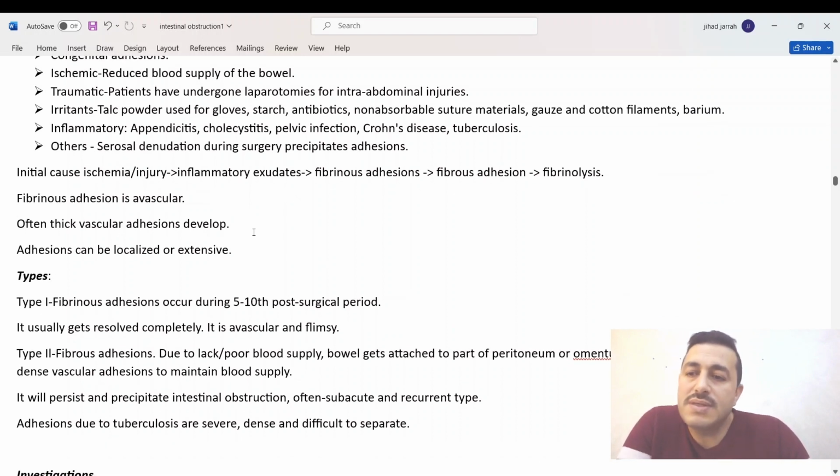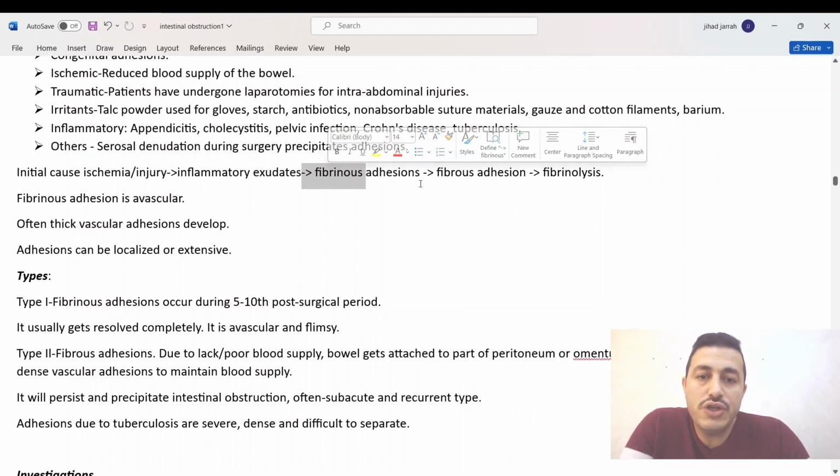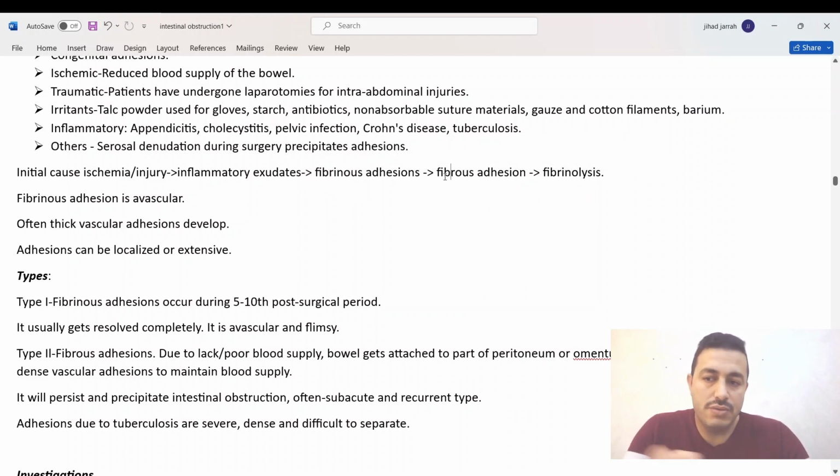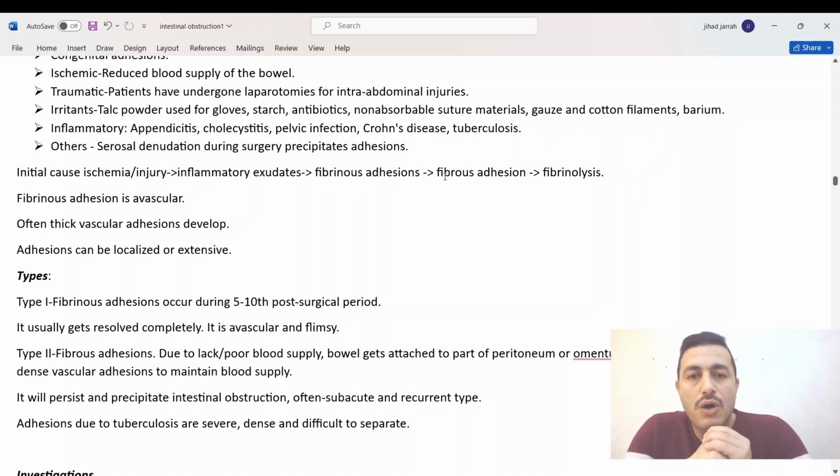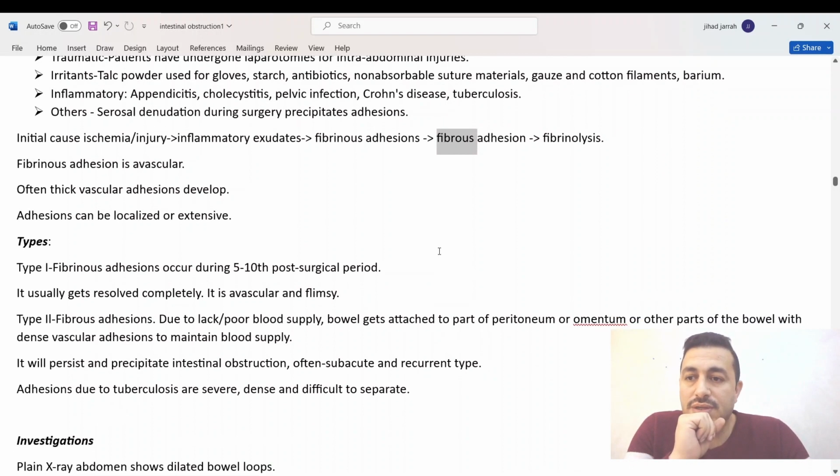Okay, the sequence actually starts as ischemia, then inflammatory exudate. I want you to differentiate here between fibrinous adhesion and fibrous adhesion. We will see in the next few minutes that these are two different types of adhesion: fibrinous adhesion, which is avascular, and fibrous adhesion, which is vascular.